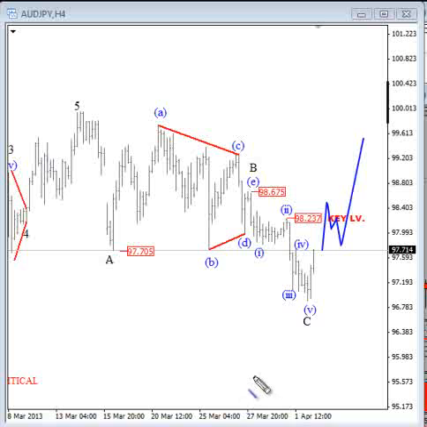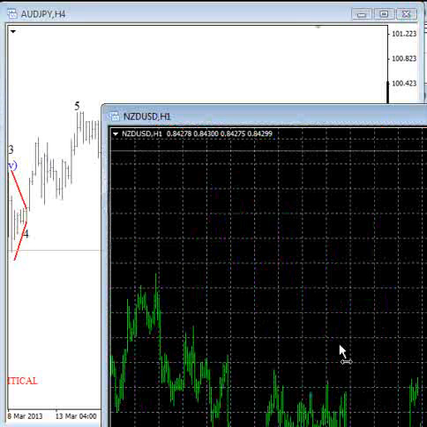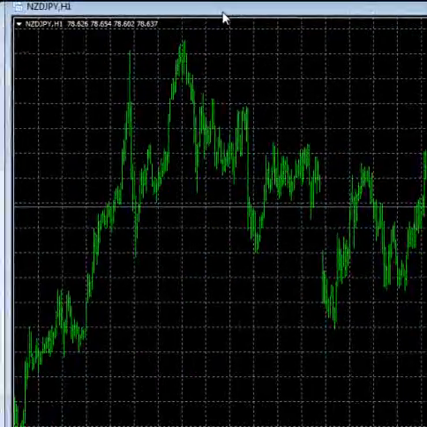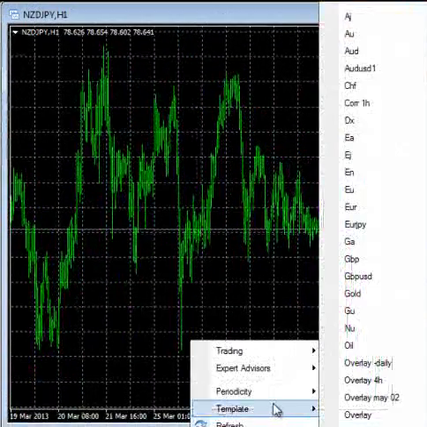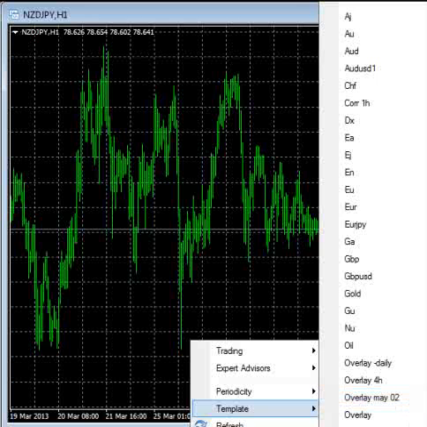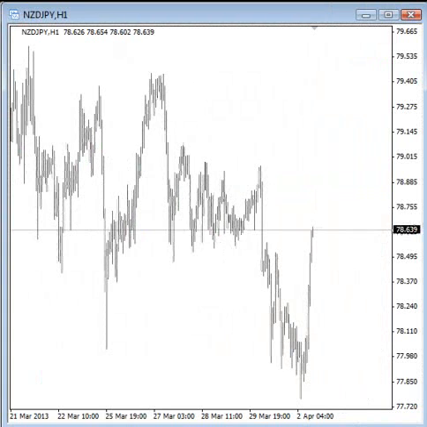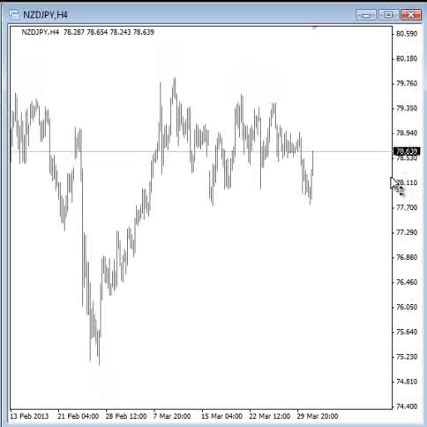So that's for Aussie yen. In fact, I can also make a quick wave count for New Zealand against the yen. Just let me change the template here. Let's go to 4 hour.